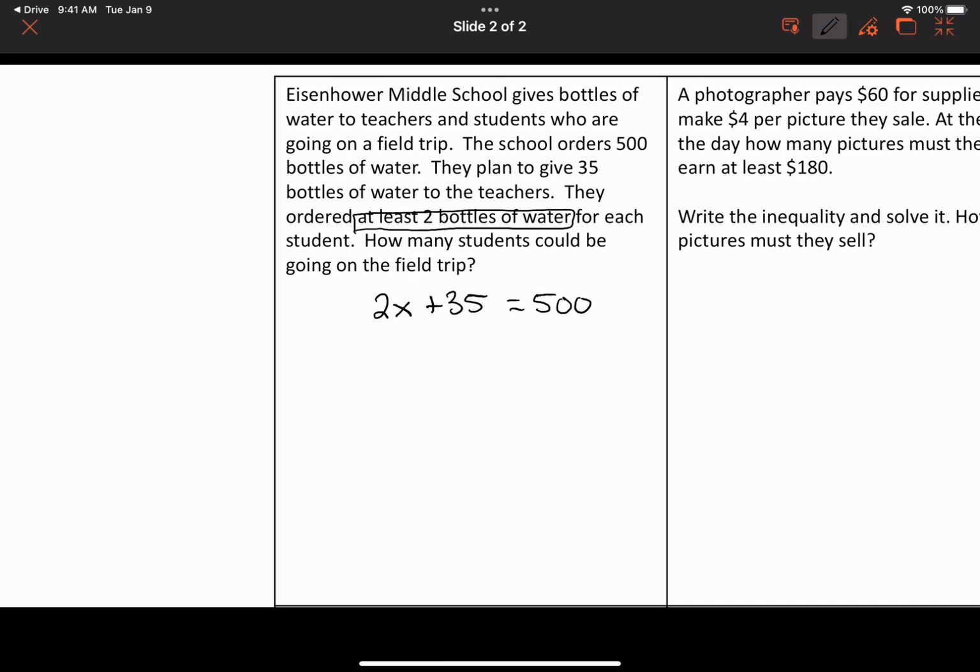At this point, we can just get x by itself, and to do that, we need to get rid of this 2 and this 35, right? I highly recommend that you get rid of that constant first by subtracting 35 from both sides. Again, do not be afraid to use that calculator. I'd highly recommend it. You can try in your head, but then check with your calculator until you got it right like a dozen, 1,000 times, you know.